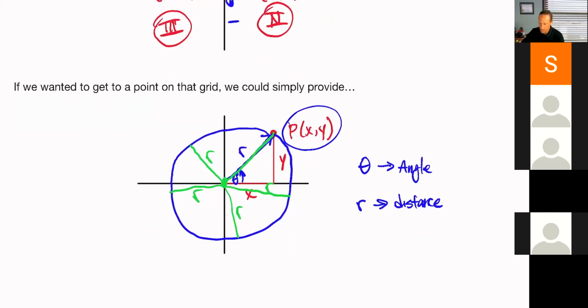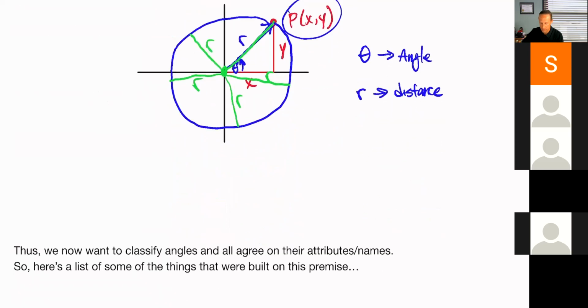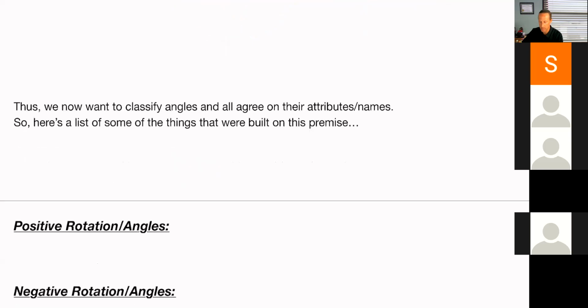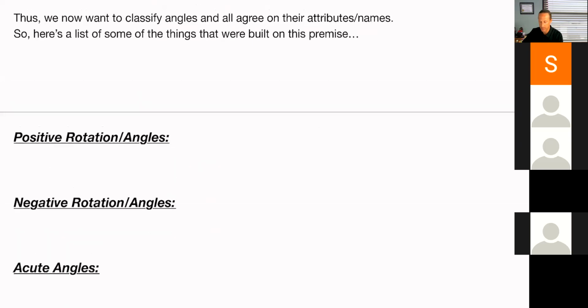So we will talk more about all the different types of angles. And we will start classifying them. And of course, what I just mentioned a bit ago, which way is positive for the x-axis, which way is positive for the y-axis. Well then, what do you think we would call a positive angle of rotation?